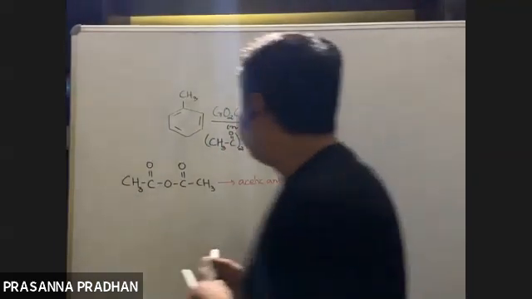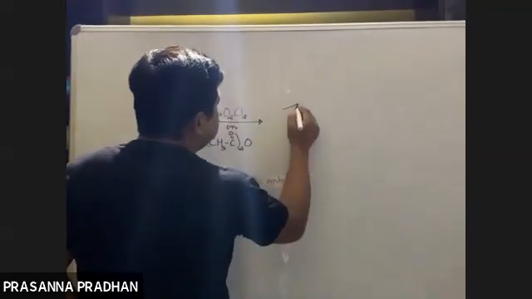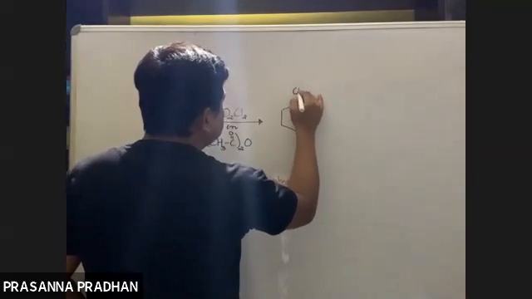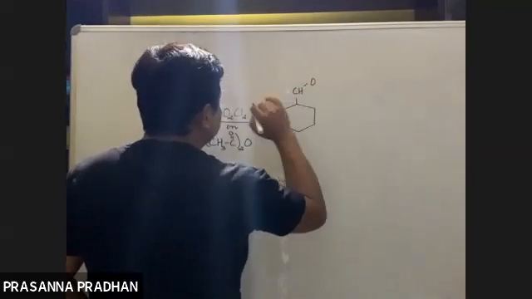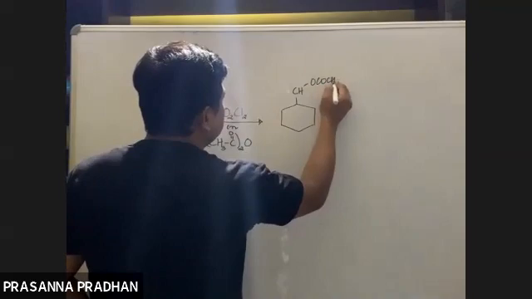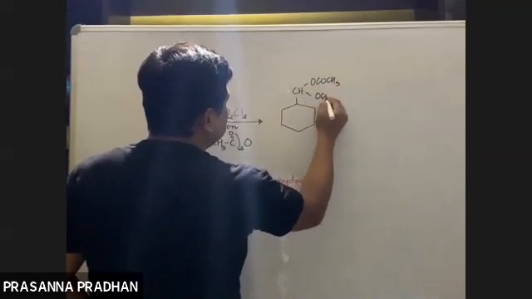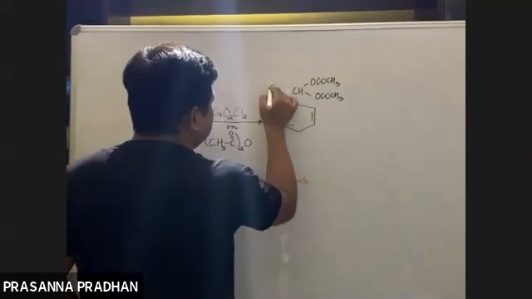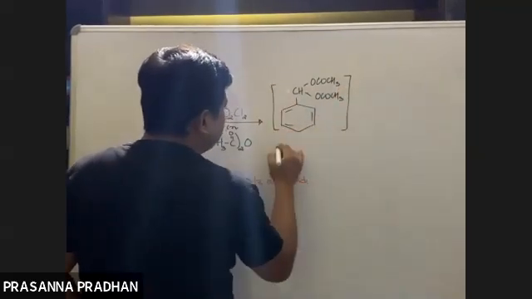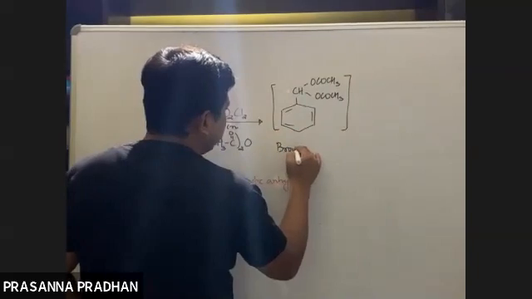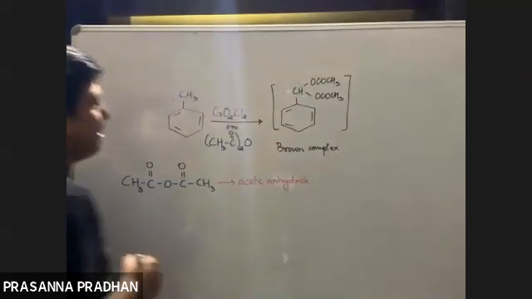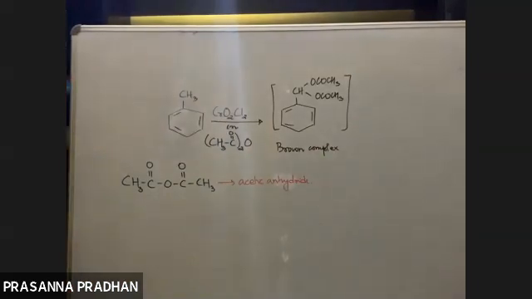Here an intermediate compound is also formed, CH(OCOCH3)2. You must remember, this complex has a brown color. A brown colored complex is formed. ठीक है?